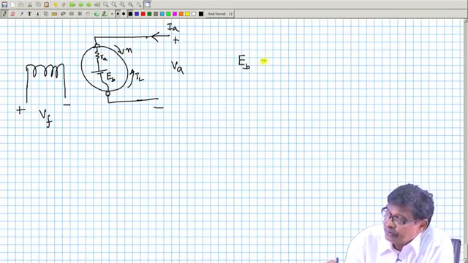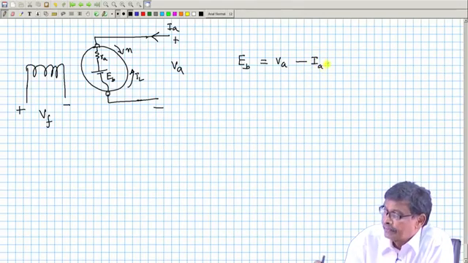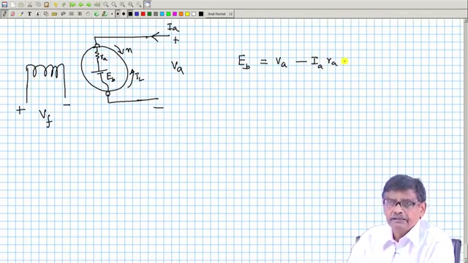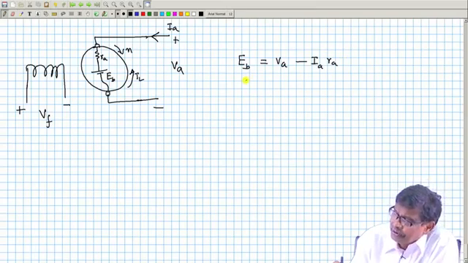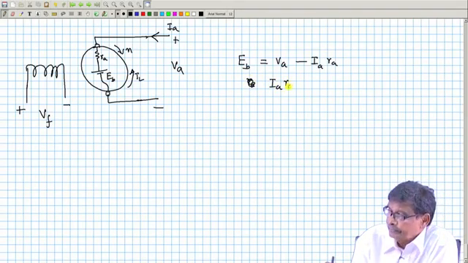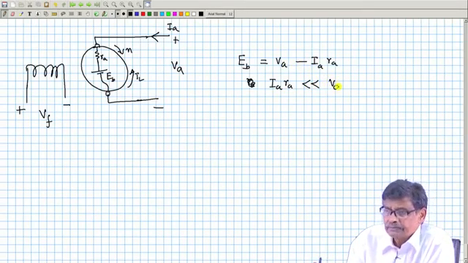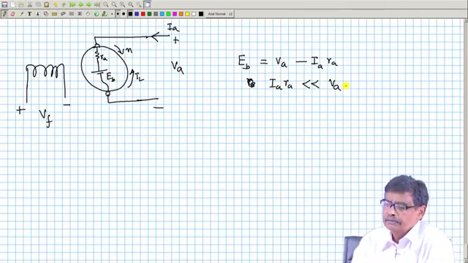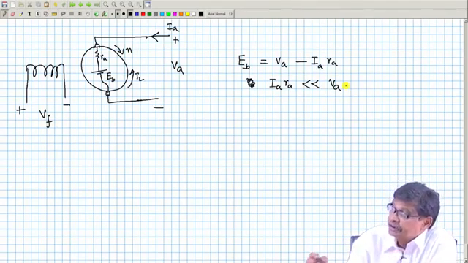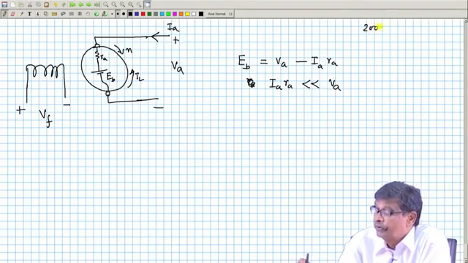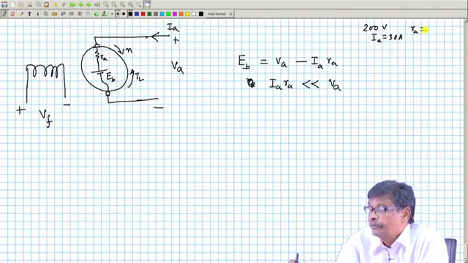EB is equal to applied voltage minus IA into RA, is not that is what we have seen, and we know IA RA drop is much smaller than your supply voltage. Why? That also we have seen. Suppose for example, in the earlier machine supply voltage was 200 volt, rated current was 30 ampere and RA was say 0.5 ohm.